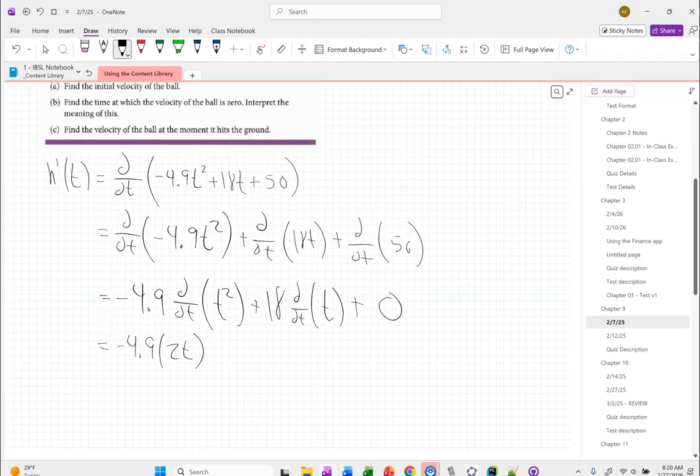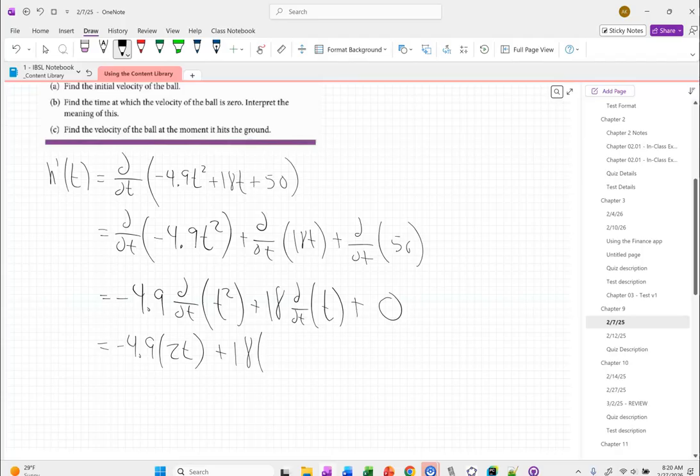What's the derivative of t? This is 2t. So what's the exponent on t? 2. No. Oh. On t. Oh, no, nothing. Nope. 1. Yeah.